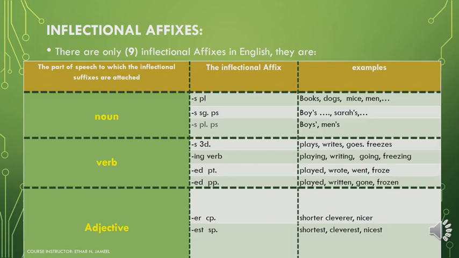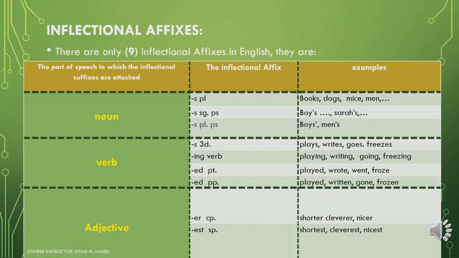The inflectional affixes that are attached to verbs are 4. The first one is S third person singular. For short, it is S3D, S third. This S is added to verbs in the present simple tense when the subject is singular.